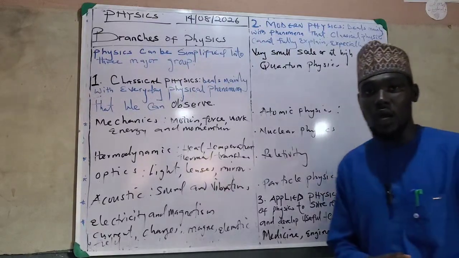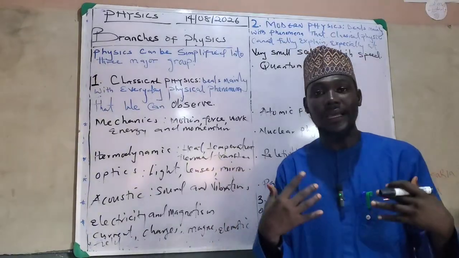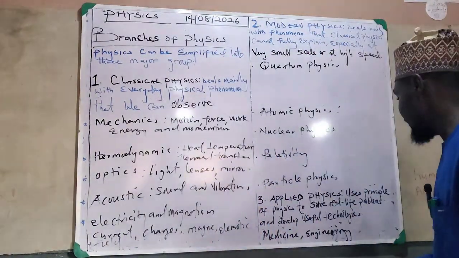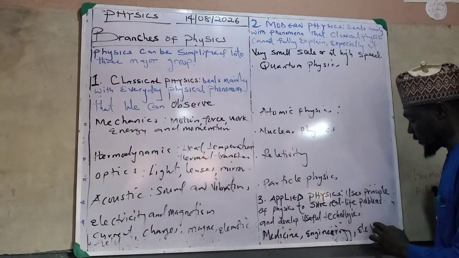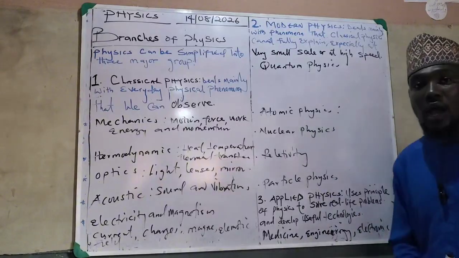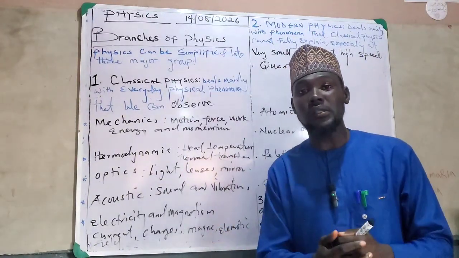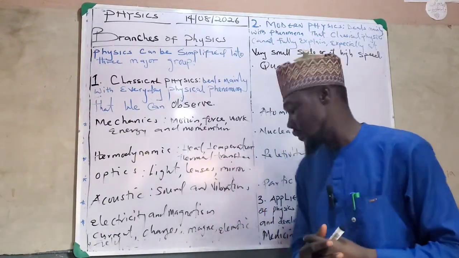It is applied in engineering, where we have designing buildings, constructions, new machines, and devices. And then it is applied in electronics, where we have the phone, computers, smart watches, and the rest.